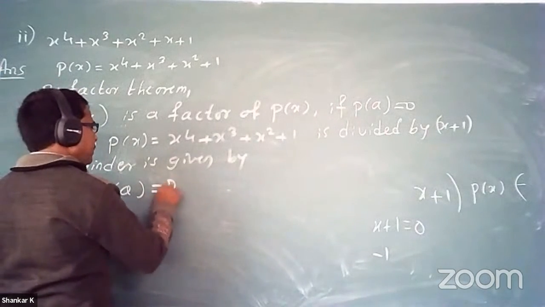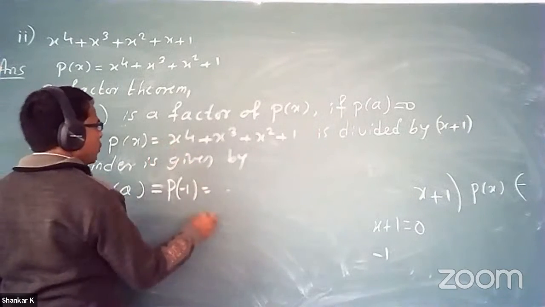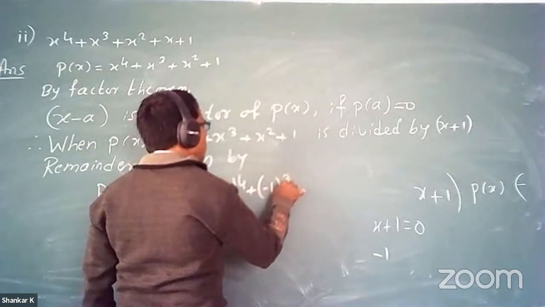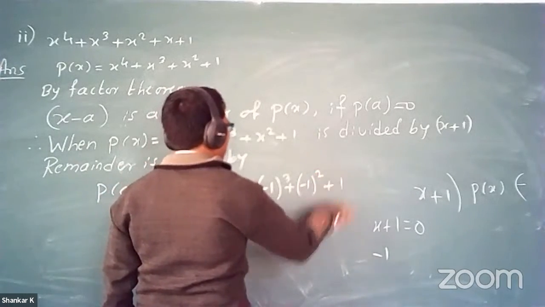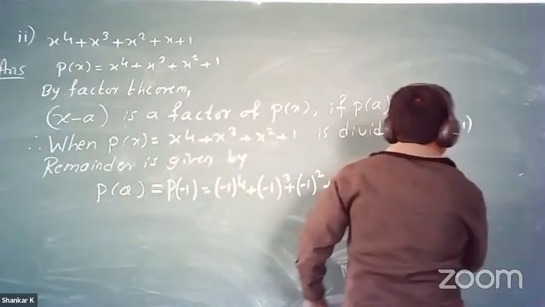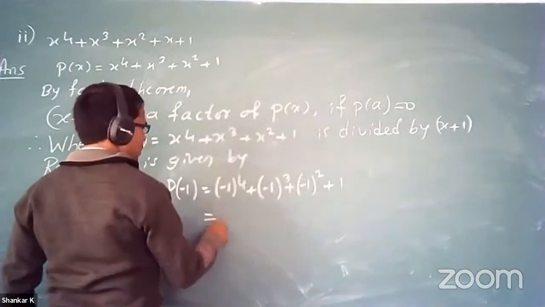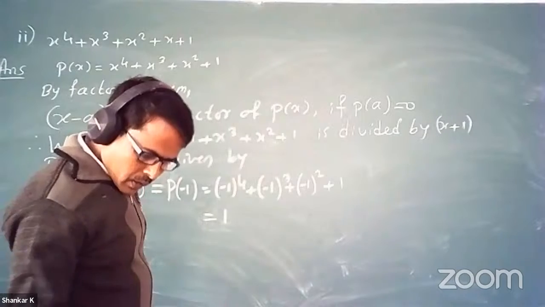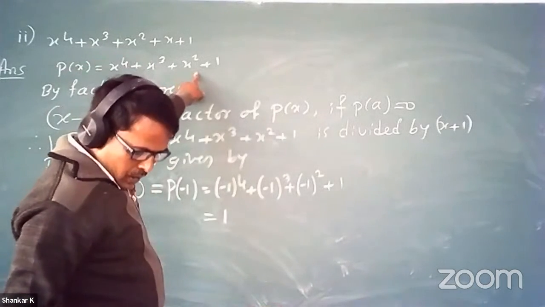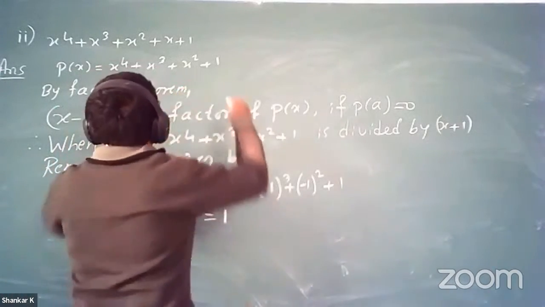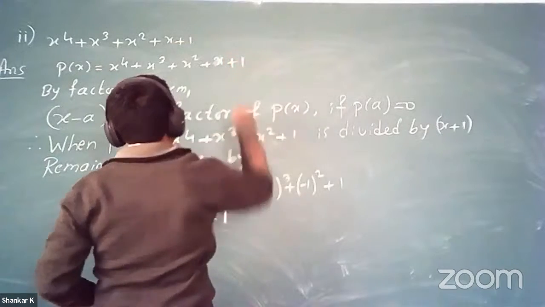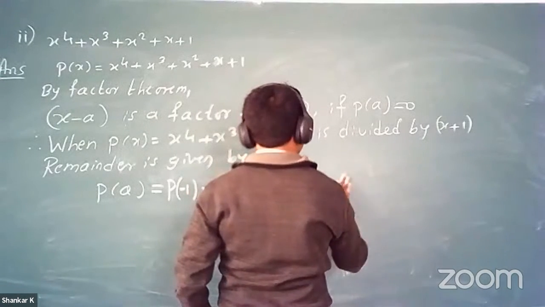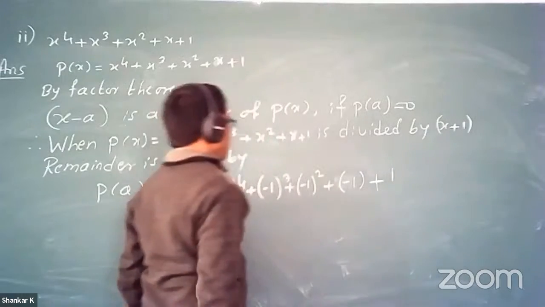P of minus 1. So x raised to 4 means minus 1 raised to 4, plus x cube, minus 1 raised to 3, plus x square, minus 1 square, plus x, minus 1, plus 1.